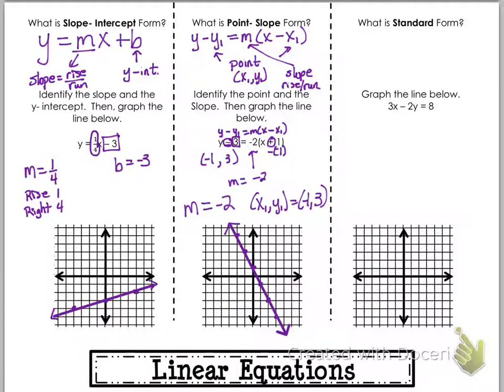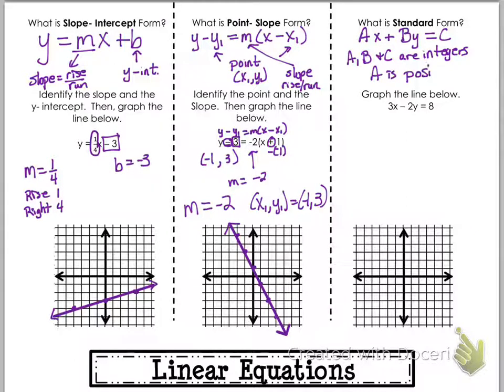Then for the final one, what is standard form? Standard form is a times x plus b times y is equal to c, where a, b, and c are integers, and A is positive.